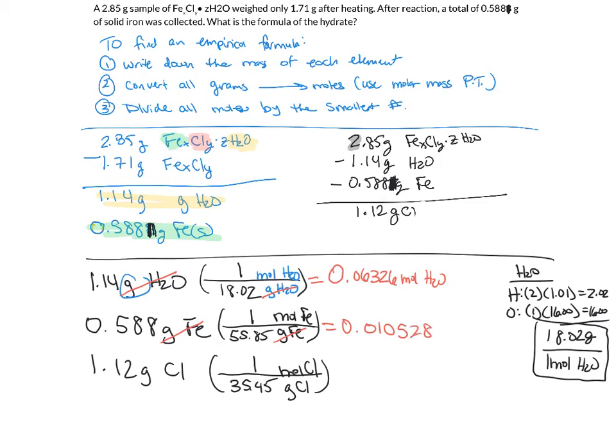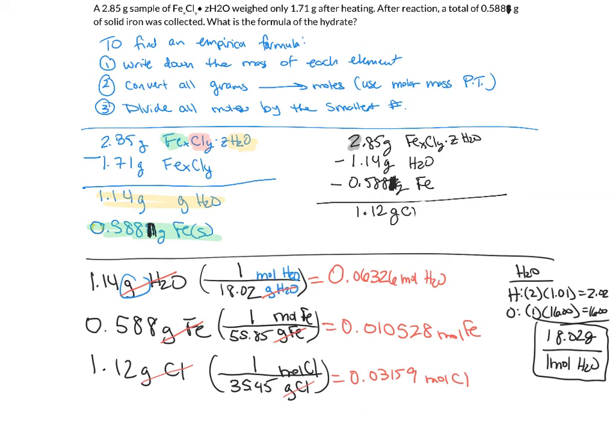I'm rounding at the end, and keeping a few extra sig figs here. And for chlorine, I take 1.12, my grams cancel, divided by 35.45, and I end up with 0.03159 moles of chlorine. So I could say a chemical formula of Fe.01 Cl.03 dot 0.06 H2O, but we always work with whole numbers in chemical formulas.